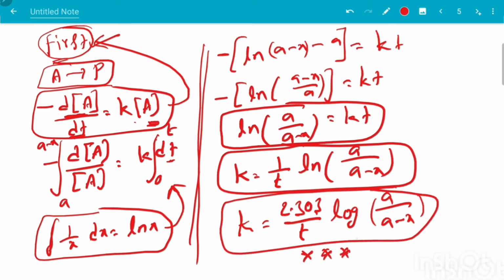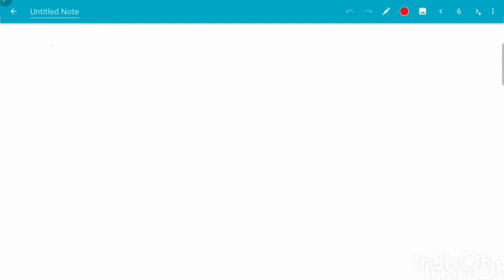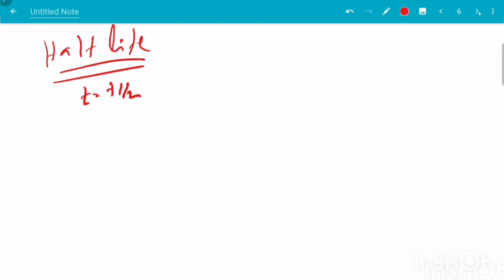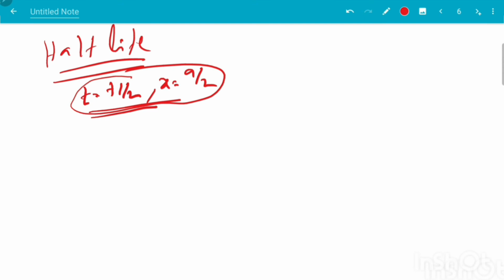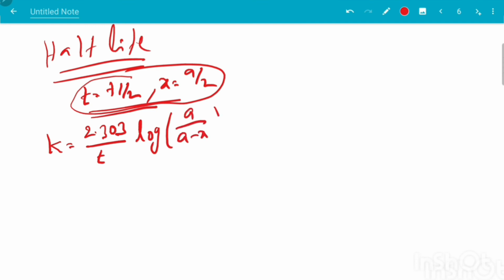Then half-life means the time when half of the concentration of reactants is consumed, that is t equals t half and x equals a by 2. These two values are substituted in the main formula of first order, k equals 2.303 by t into log of a by a minus x.